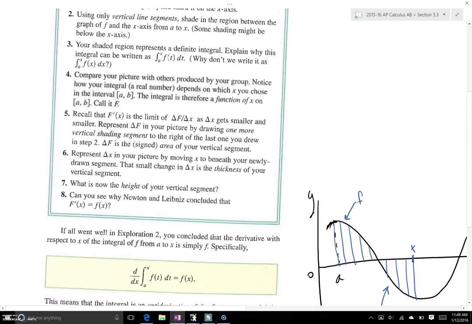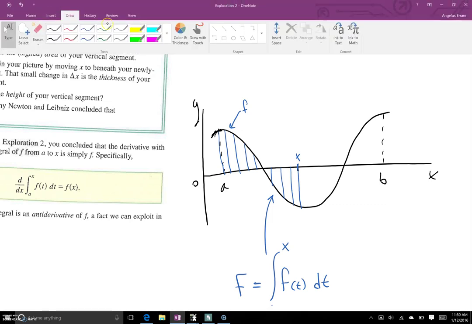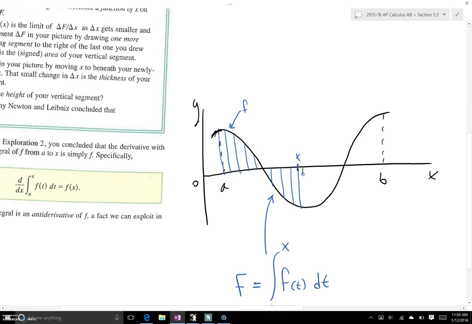Okay, so 5 says, recall that f prime is the limit of the change in F over the change in x as the change in x gets smaller and smaller. Represent delta F in your picture by drawing one more vertical shading segment to the right of the last one you drew, and it's a signed area. So we'll go ahead and do that. We're going to add one more rectangle. It's going to be here.